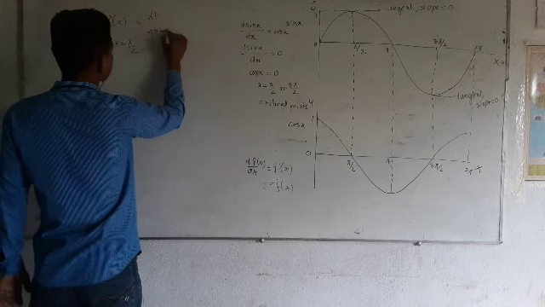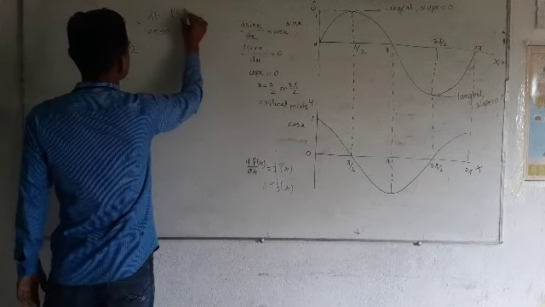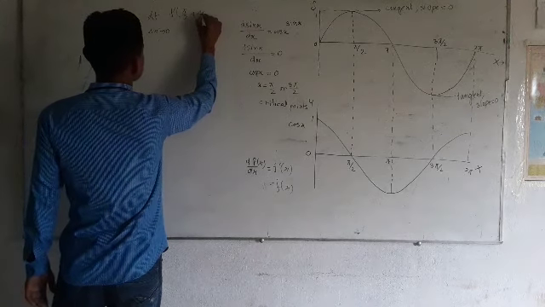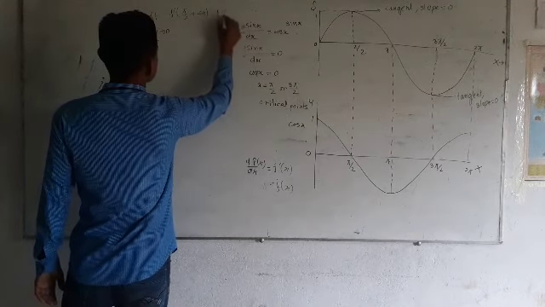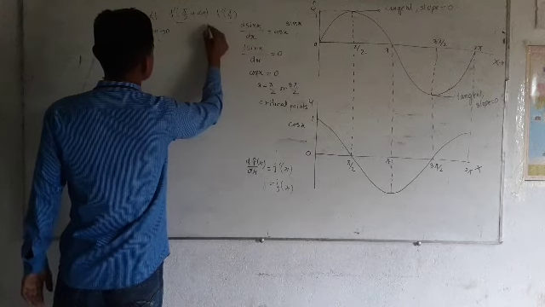as delta x tends to 0 of f prime of pi by 2 plus delta x minus f prime of pi by 2, divided by delta x.